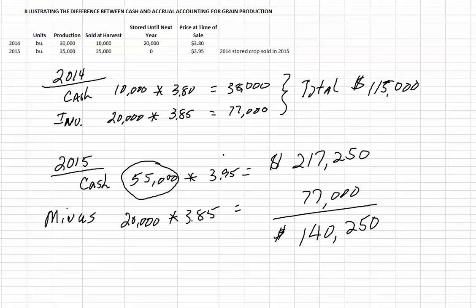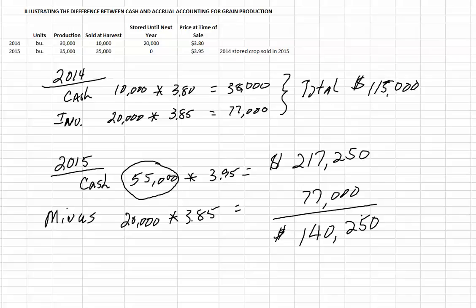So you're going to get the benefit of 10 cents on that 20,000 bushels credited to 2015 when that extra 10 cents took place. So when you sold all of the grain in 2015 for that 217,000, what you subtract is the 20,000 bushels in storage that were valued at 3.85 back in 2014, and that gives you a net amount.